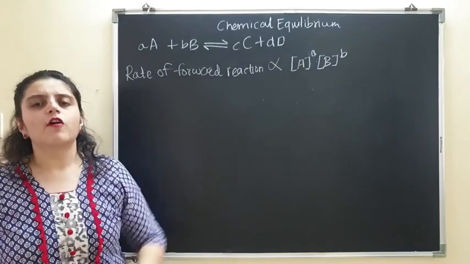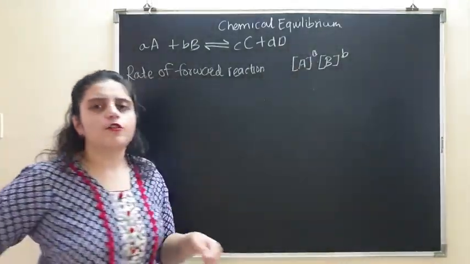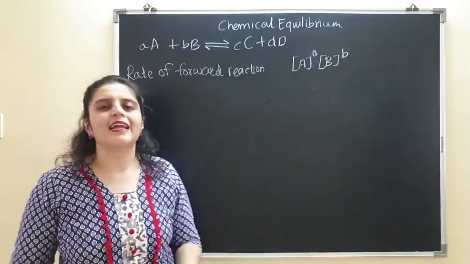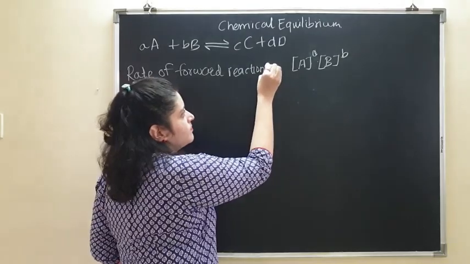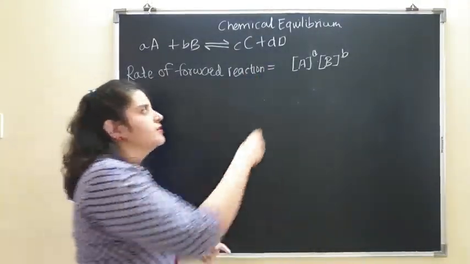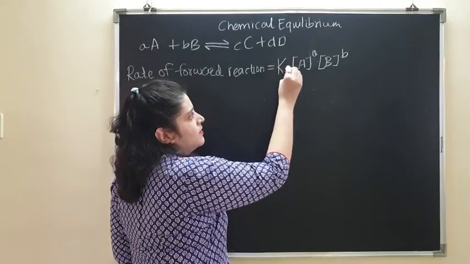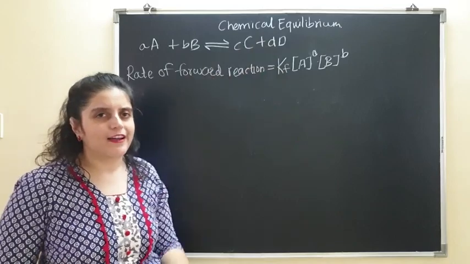Now I don't want this proportionality sign. So if I want to remove this proportionality sign, I must introduce some proportionality constant. So here the proportionality constant is Kf because we are talking about forward reaction.